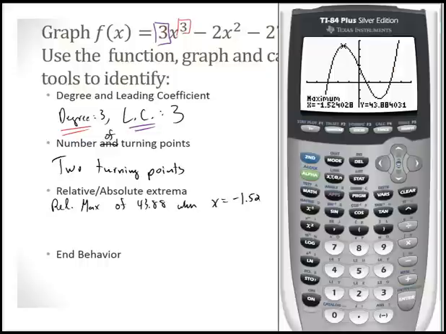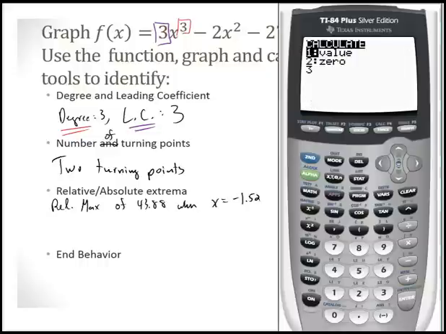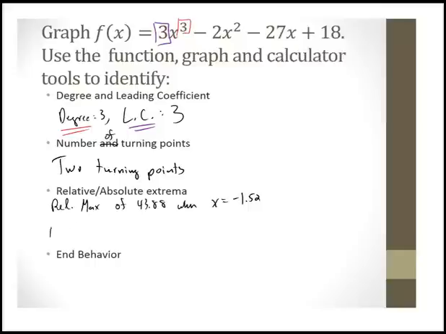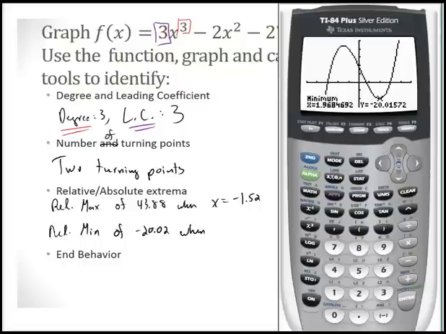And going back to the graph, we see a relative minimum of about -20.02. And that occurred when x was about 1.97.